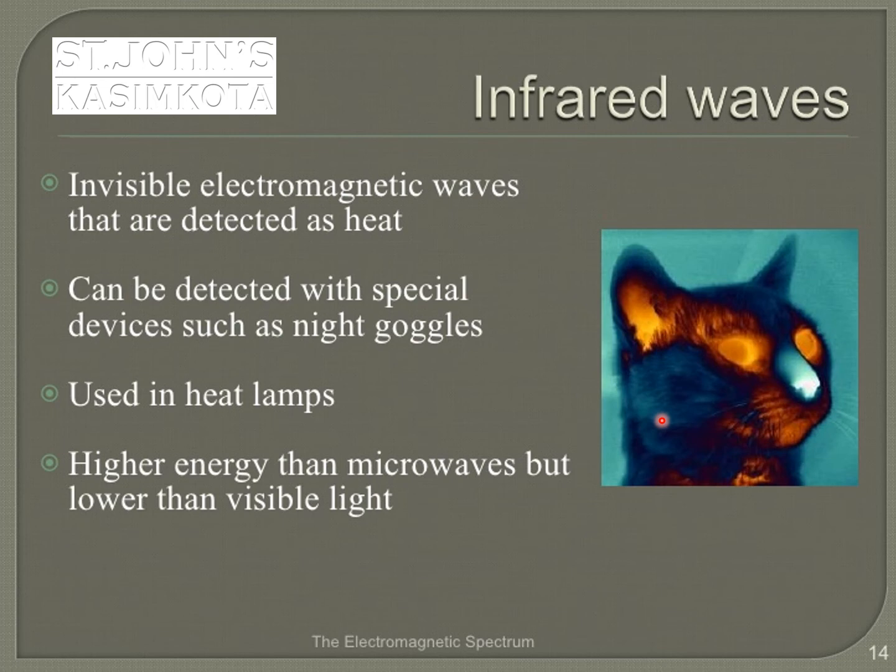The night vision goggles which are used to take the image of certain things, their capacity is equal to the vision of this animal. And next, infrared rays are used in heat lamps. In the lamps also it is used. Then it has higher energy than microwaves but lower than visible light.